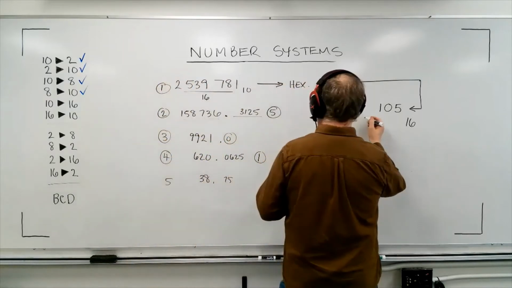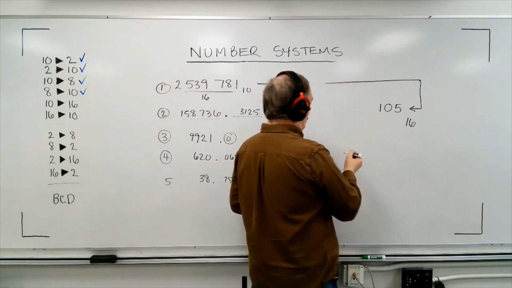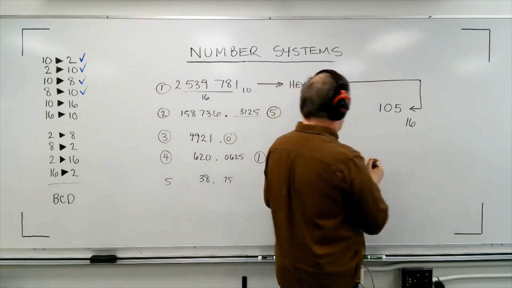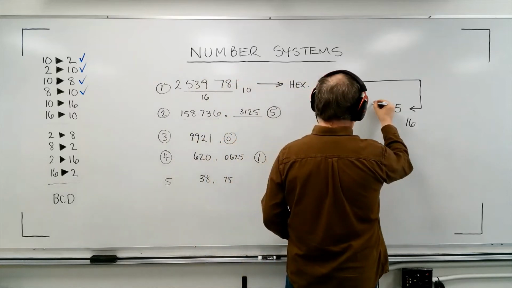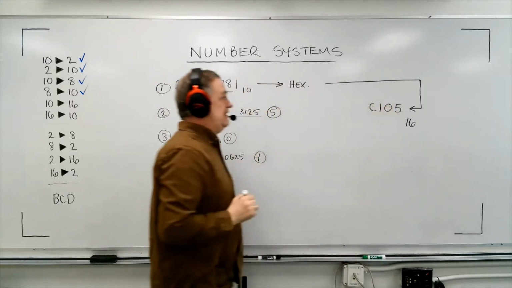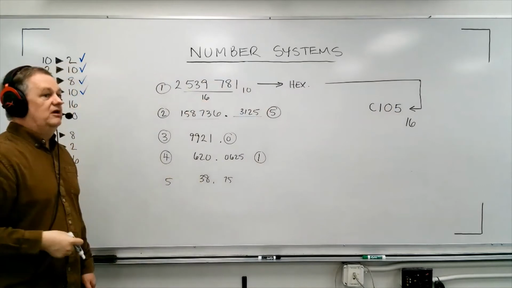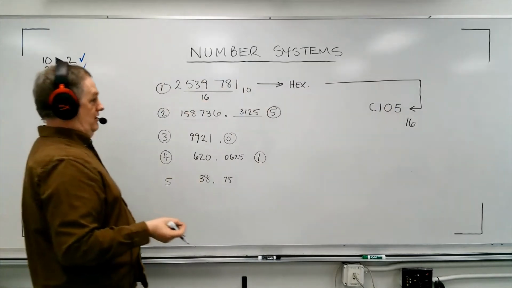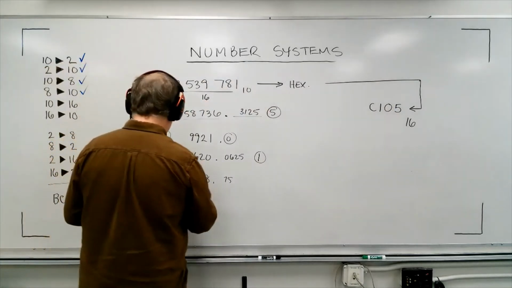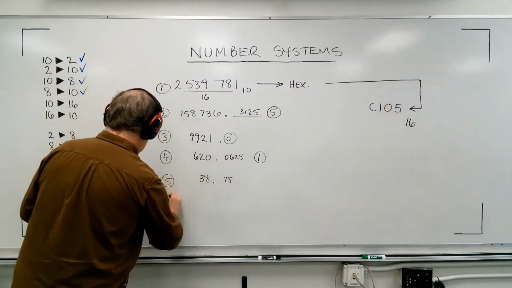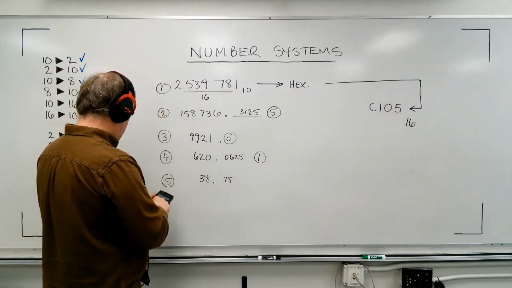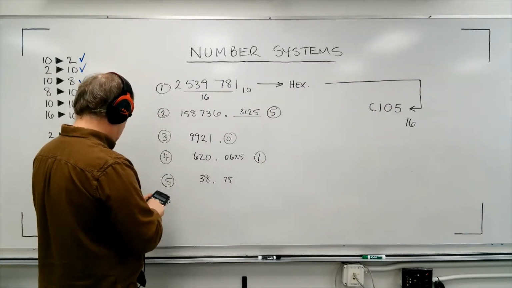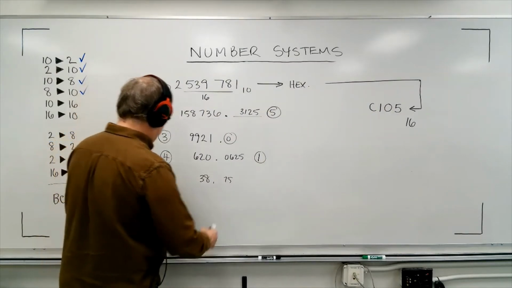And so over here, we can't write 12. So what we're going to do is we're going to write C, because C in the hex system is the same as saying 12. Now, step number 6. 38 divide 16. 2.375.